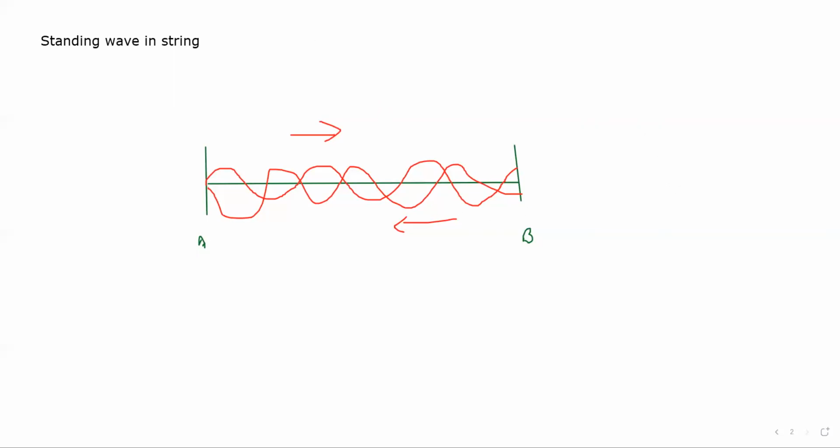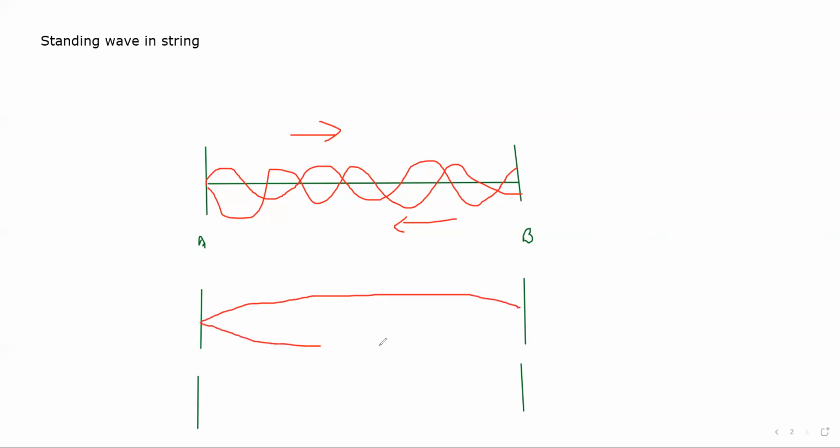What I might see is that the string is vibrating in one loop, or in two loops, or three loops. It can vibrate in this manner. This is very common string vibration.